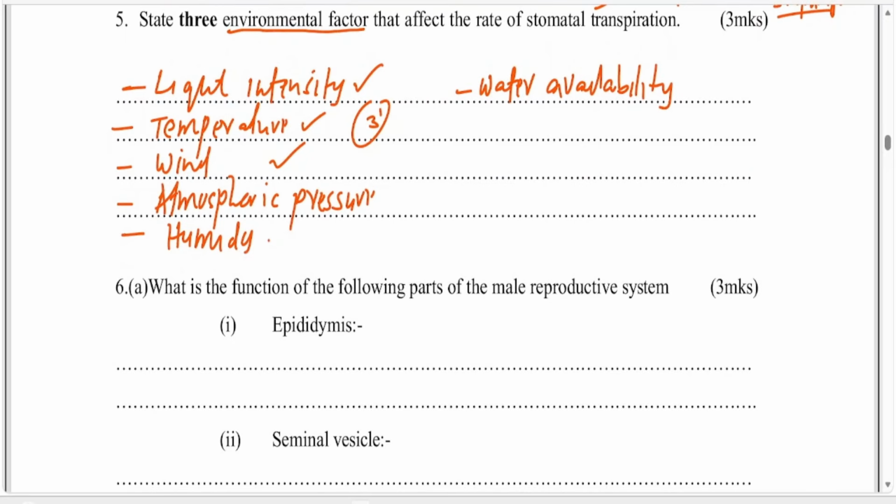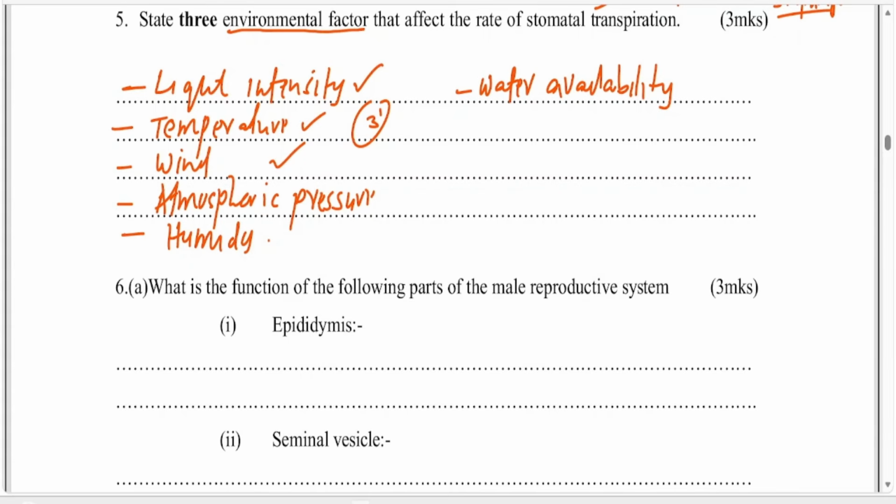Let's move to question number 6, part A. What is the function of the following parts of the male reproductive system? We know under reproduction in Form 3, you learned the female reproductive system and the male reproductive system and their roles and the roles of those parts in the whole system.